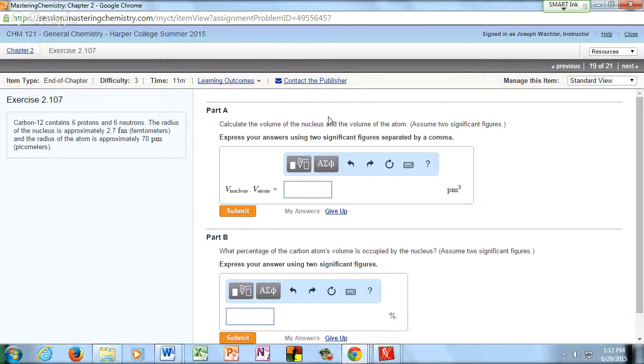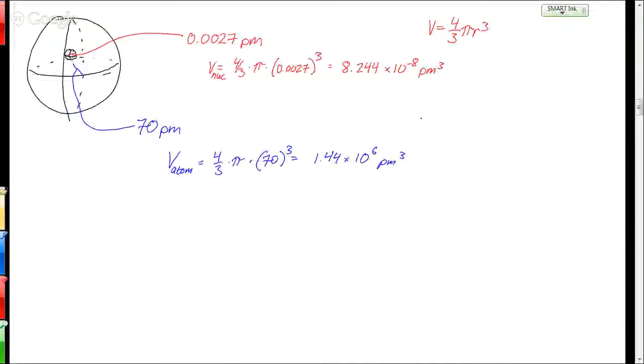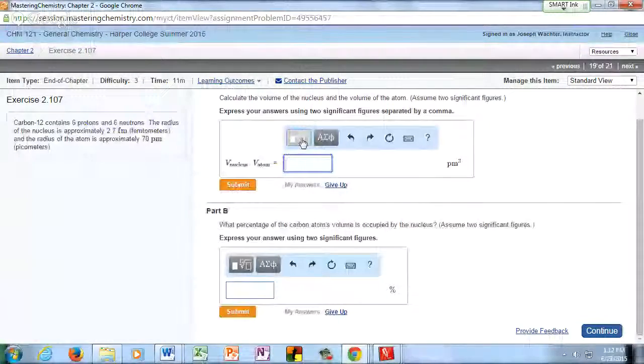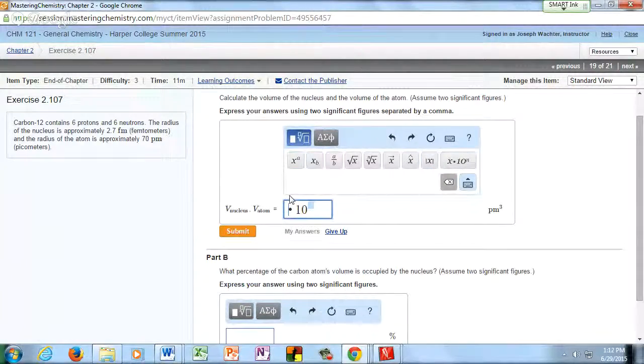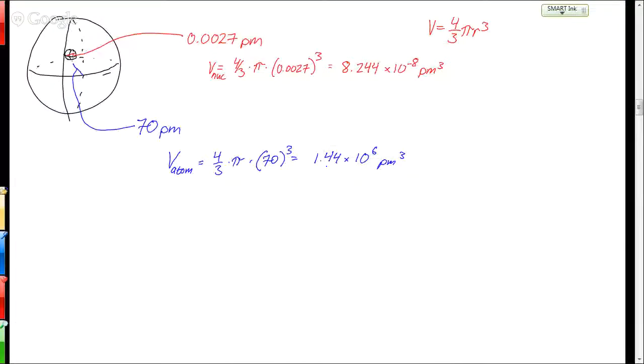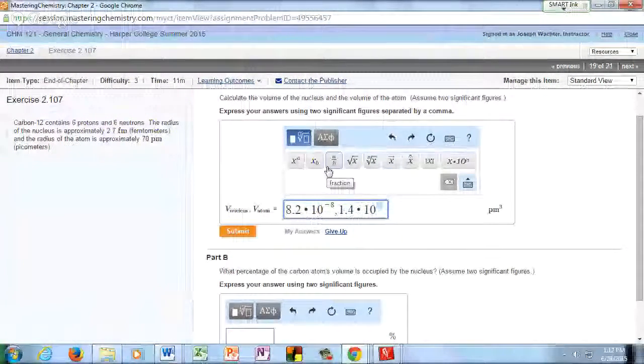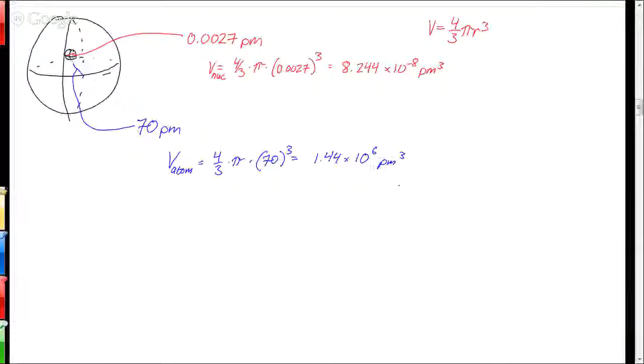So the nucleus is 8.2 times 10 to the -8th, comma, 1.4 times 10 to the 6th.